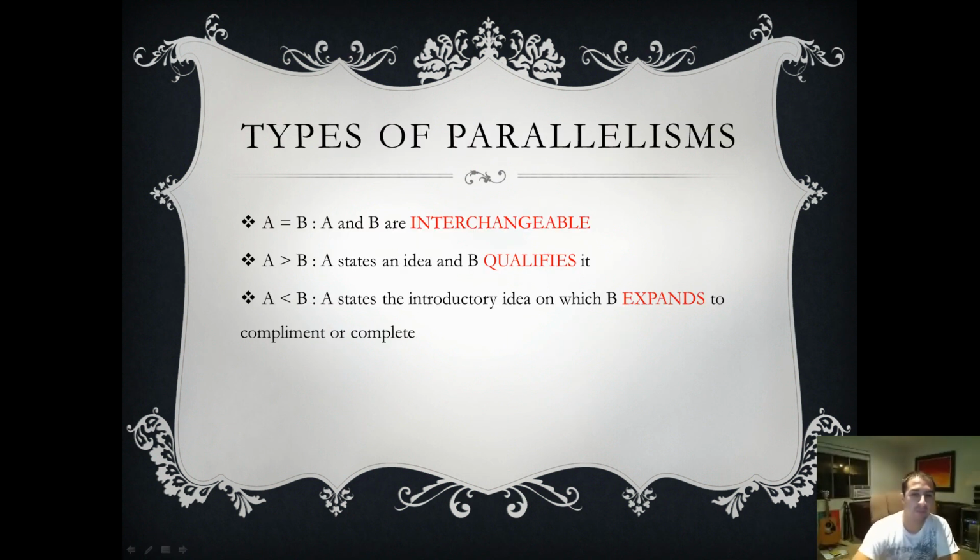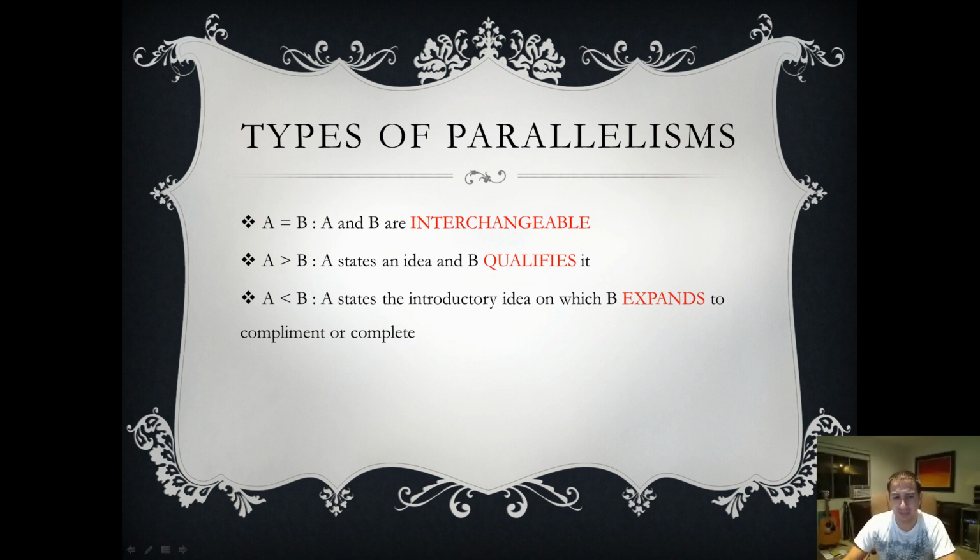Now, there are various kinds of parallelisms. In Intro to Biblical Literature, they define 3 categories. I like the 3 categories in the way they present them, but I am going to give you different examples, and I'm going to call them something other than what they call them. They use these terms: A equals B, A is greater than B, A is less than B. I'm not going to use those throughout this lecture. Instead, I'm just going to call them something more descriptive.